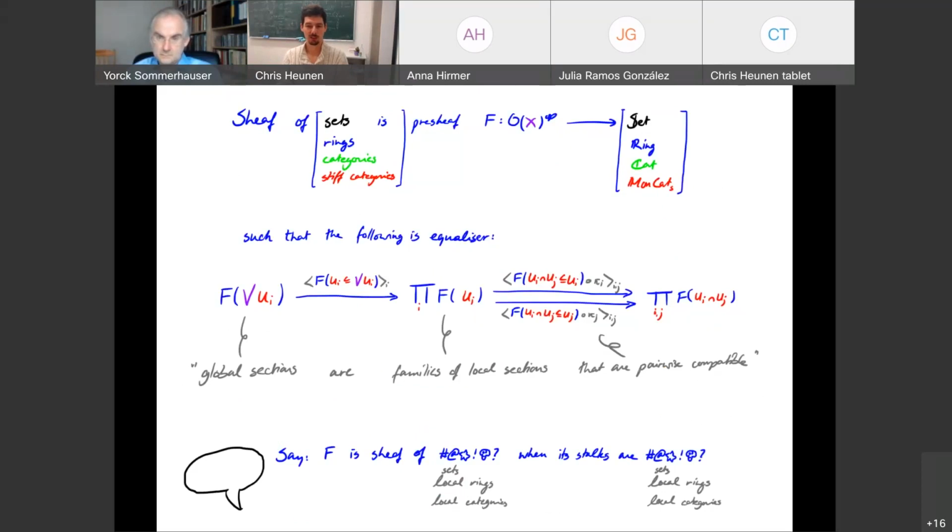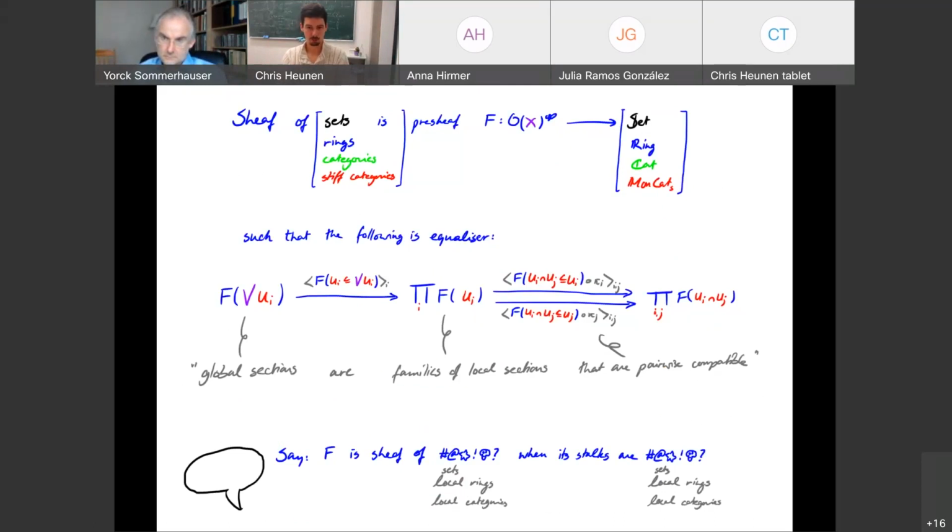So the best I can do is describe what this limit looks like. And I'm going to define a sheaf of stiff categories to be a pre-sheaf such that the following thing in the middle is an equalizer. So this is really the same thing we were doing before when we got to the description of local sections being pasted together. But now I've just left it in the abstract.